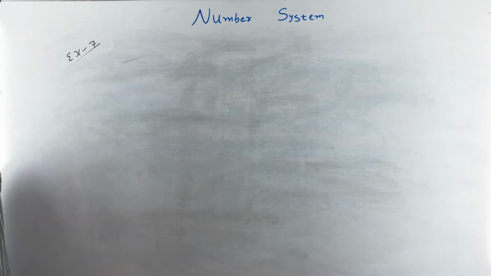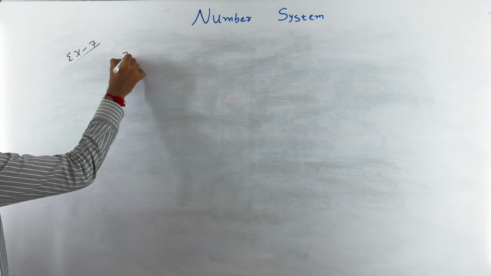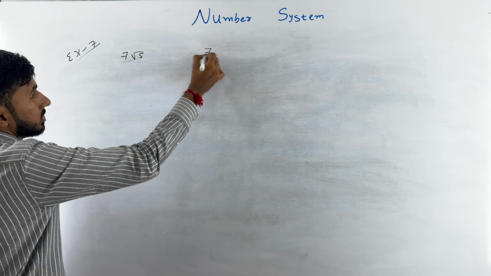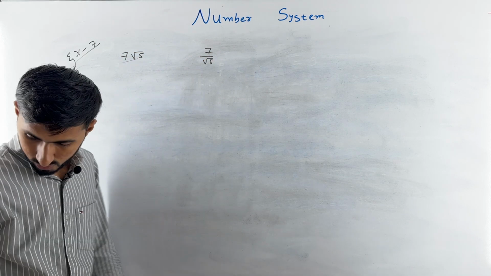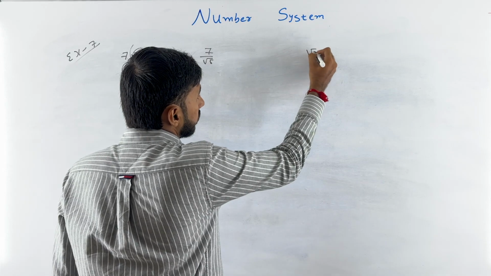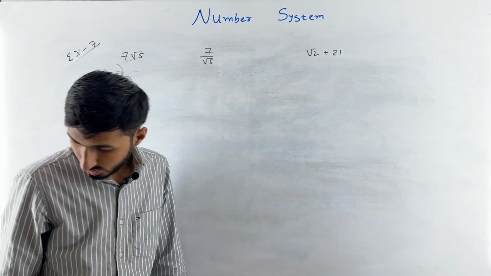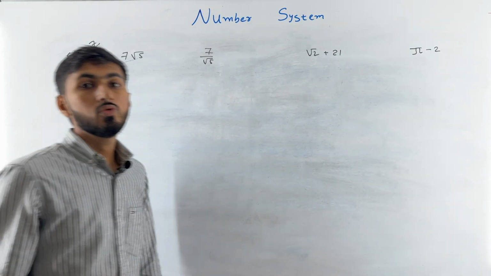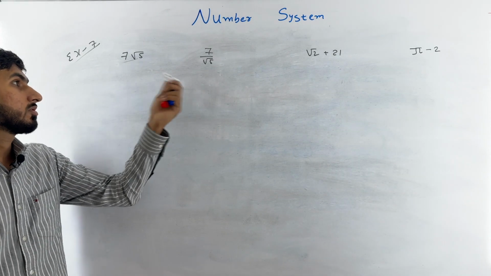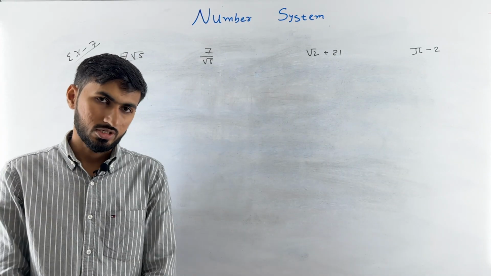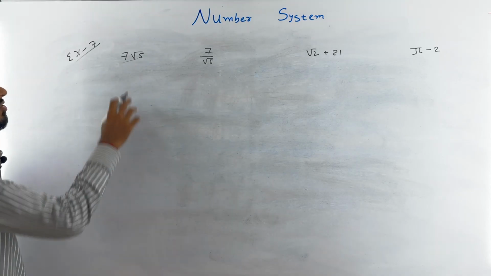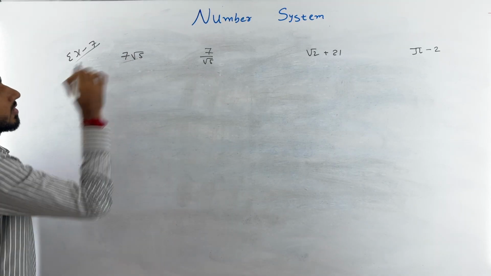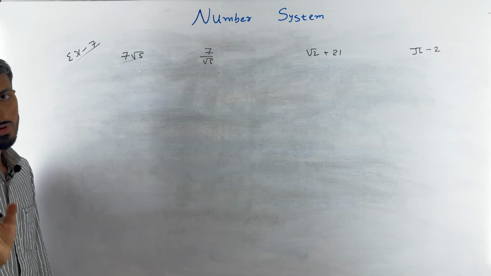We will do example number 7, and that is 7 root 5, 7 upon root 5, root 2 plus 21, and pi minus 2. We have to check whether the answer of these numbers are rational or irrational, right? So we all know that 7 root 5. Now square root of 5 is irrational, as we all know.